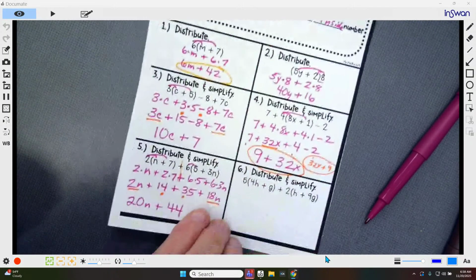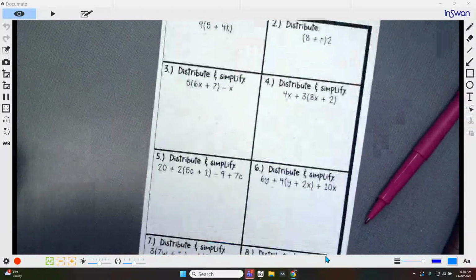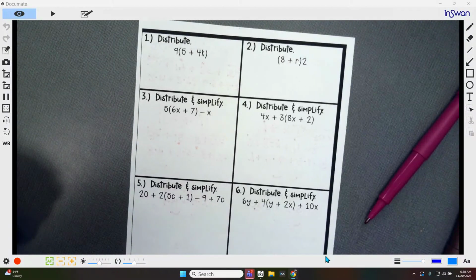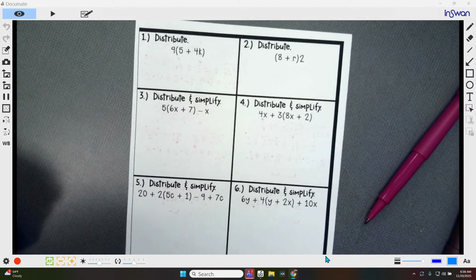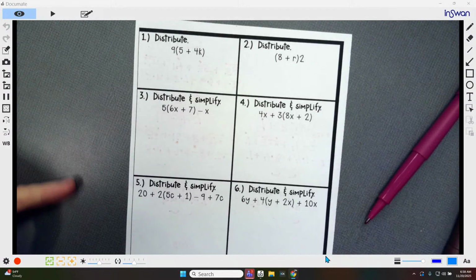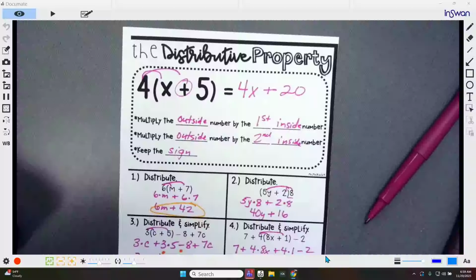You've got one more problem on this side, and on the back there are 8 problems. They get progressively more difficult, but as long as you keep up with what you're doing and make sure you're including the variable with the coefficient when you're combining terms, you should be just fine. And that's how you work the distributive property.